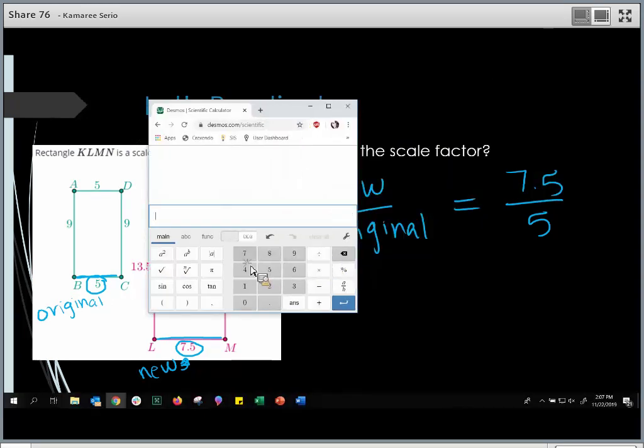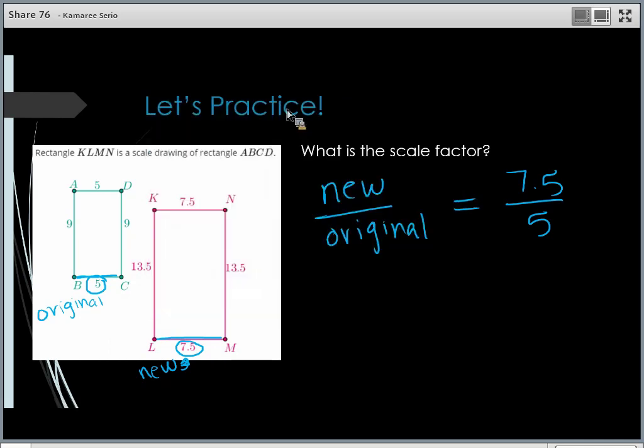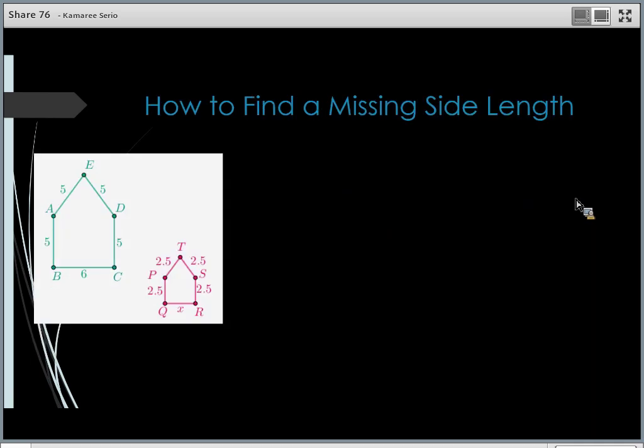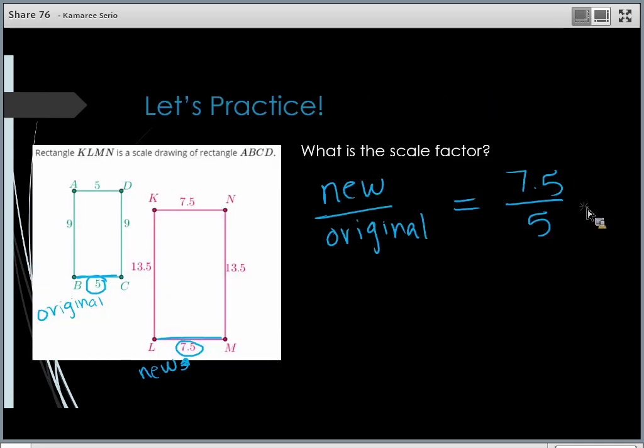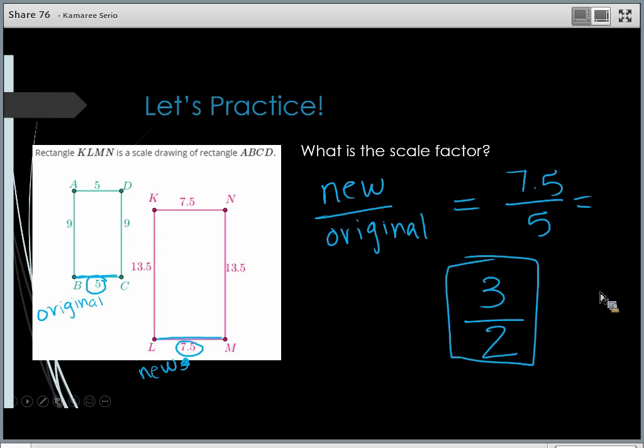I have 7.5 all over 5, and it simplifies to 3 over 2. So that's going to be my scale factor, 3 over 2.